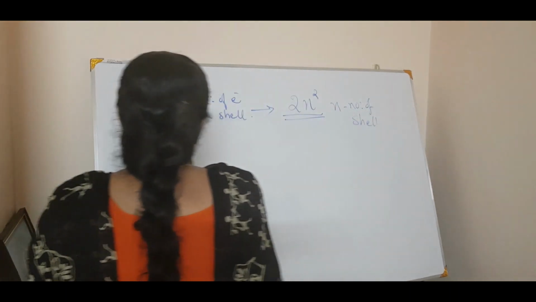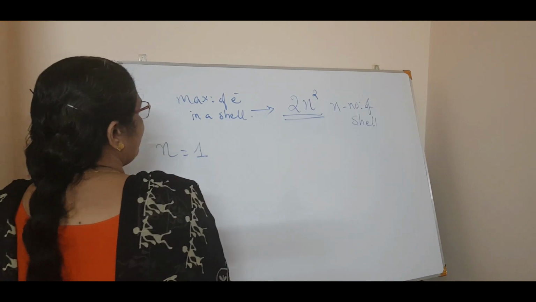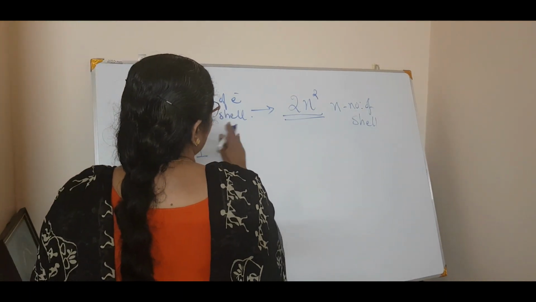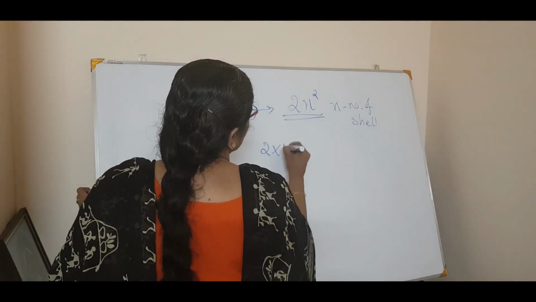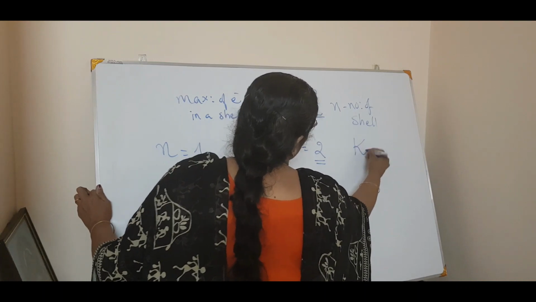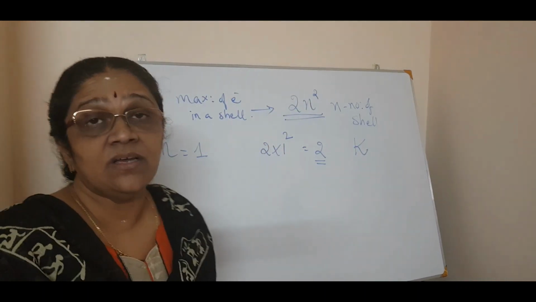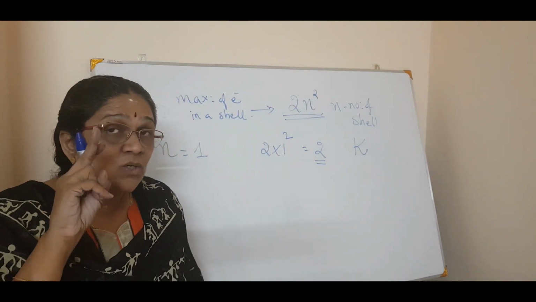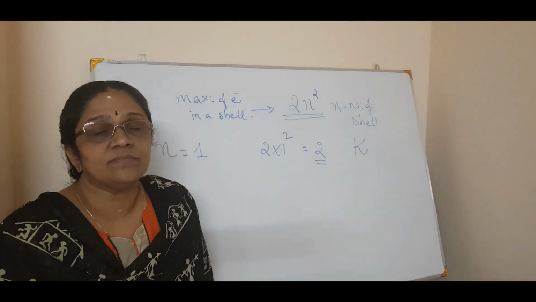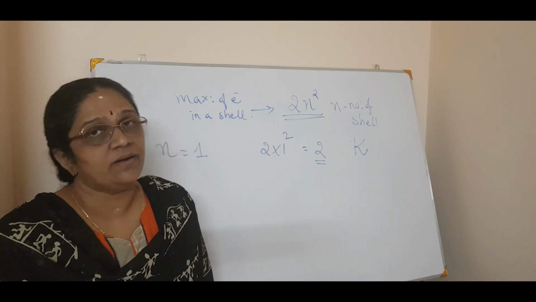Now if n is equal to 1, how many electrons can be accommodated in that shell? 2 into 1 square, that is equal to 2. Which shell is that? K shell. We have studied that the K shell can accommodate only 2 electrons. How did that come? By this formula 2n square, where n is equal to 1.